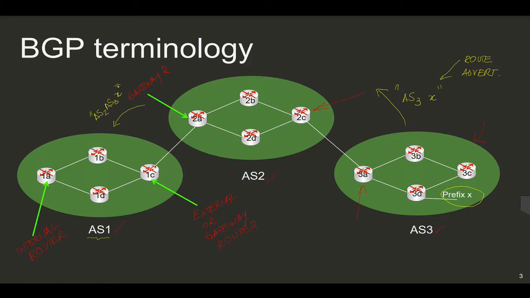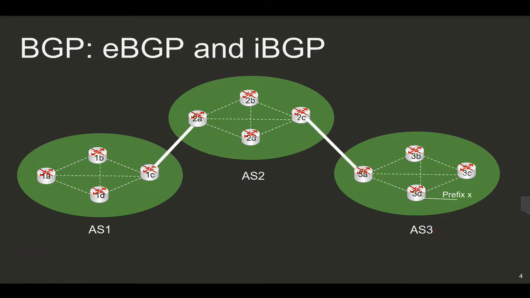Now in practice, the autonomous systems are not the ones in charge of sending these messages, but the routers that are part of the topology. So how does this work? Let's look first at some additional terminology.